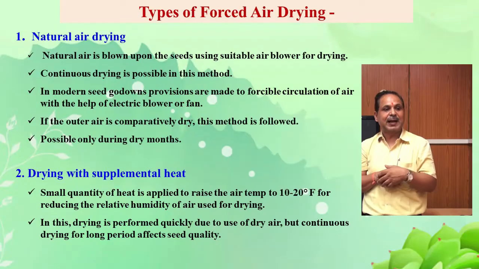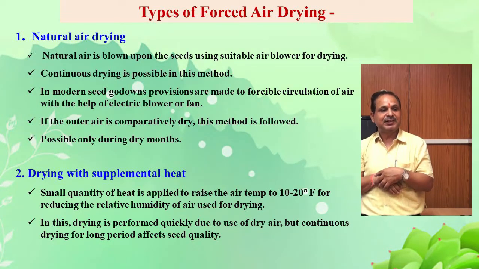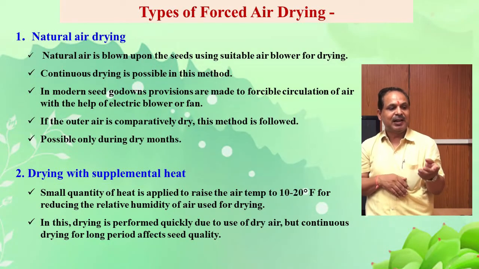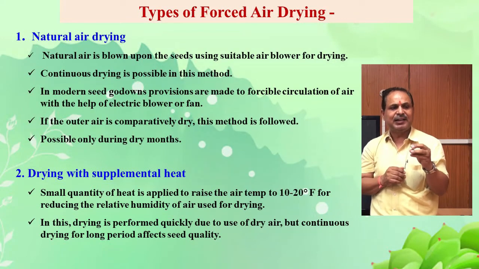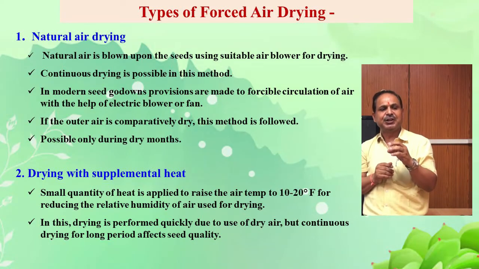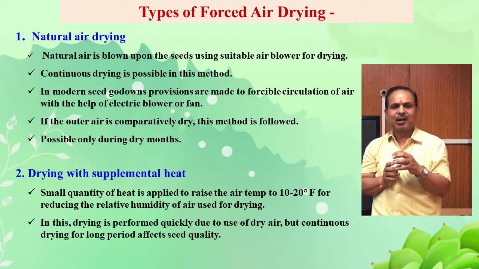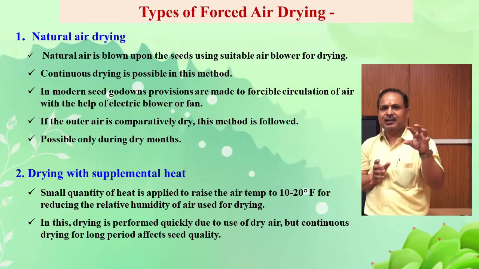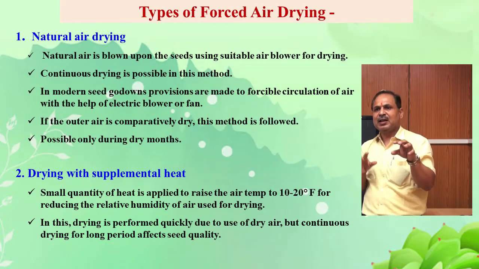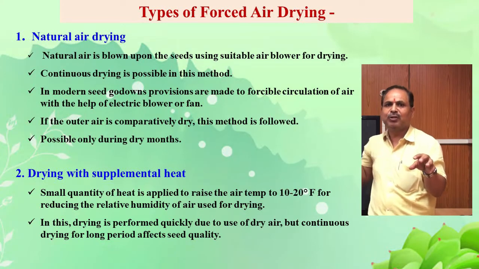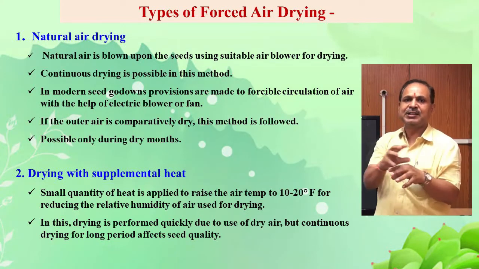There are different types of this artificial seed drying: natural air drying, drying with supplemental heat, and some others. In natural air drying, the natural air is blown upon the seeds using a switchable air blower. The basic principle of natural air drying is that the air is blown on the seed at high speeds.